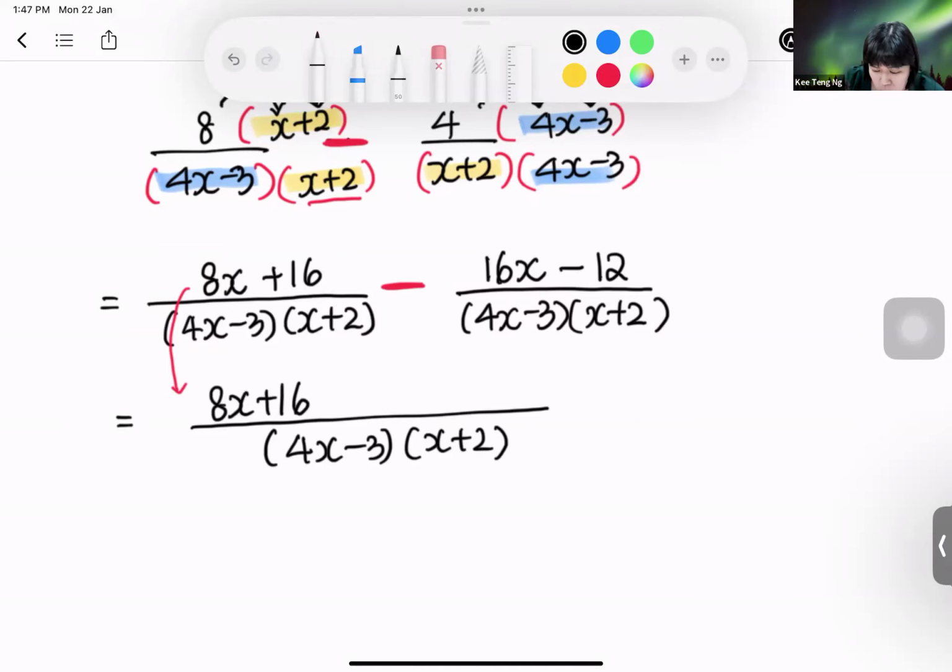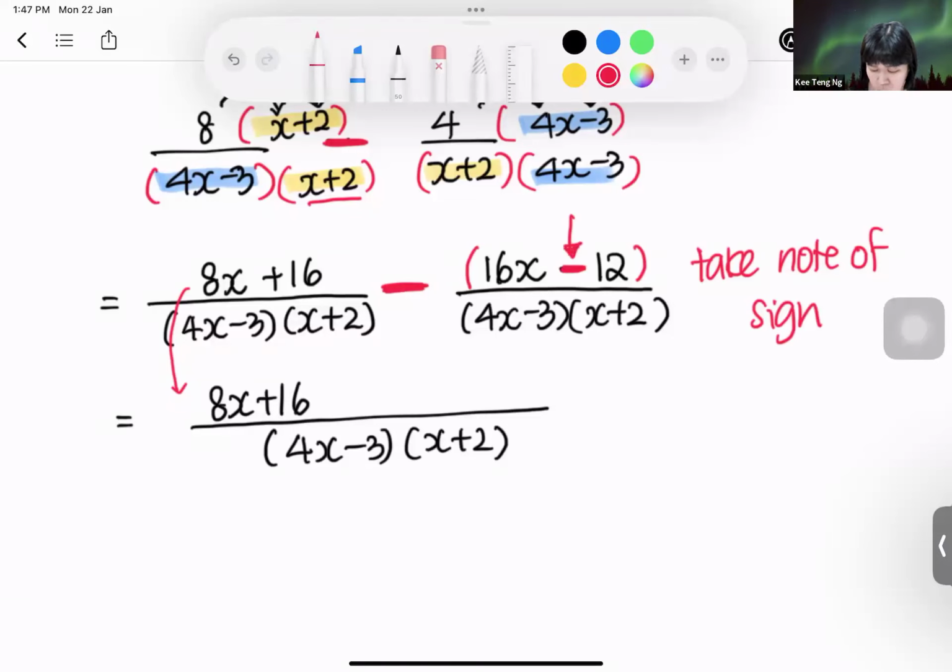But I need to take note, this is a subtraction. Where is the sign that will change? I'm subtracting the whole of this, so the sign over here will change. I need to be careful. So this is minus 1 times 16x, negative 16x. Make a guess, what will be the next sign?